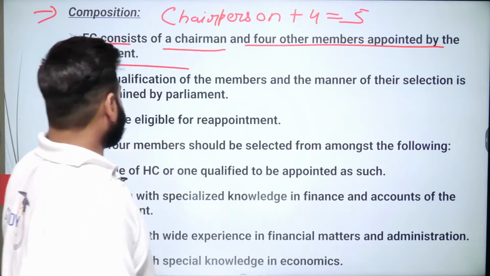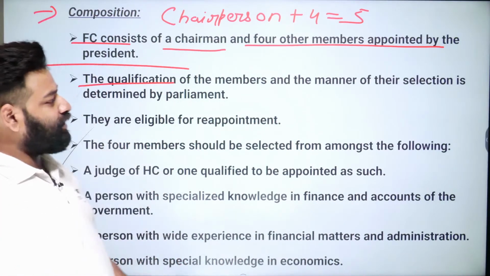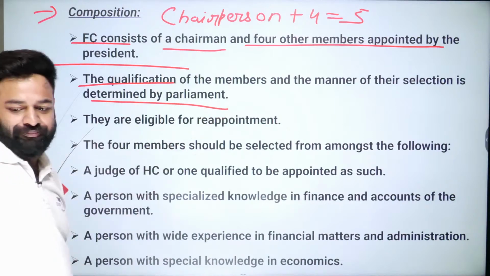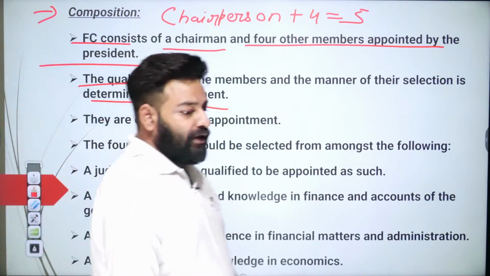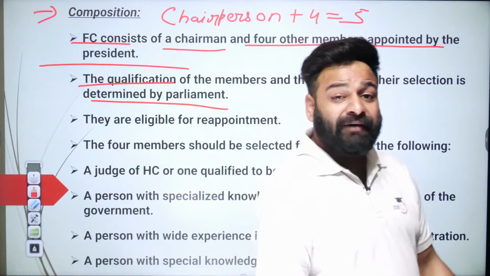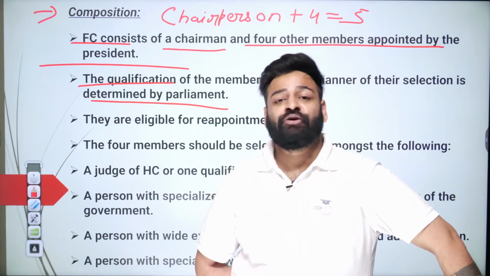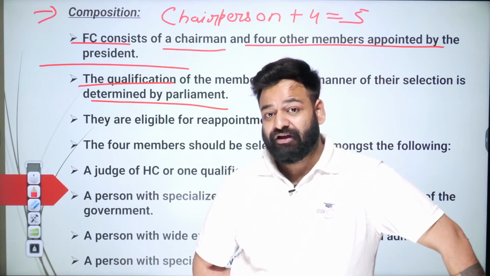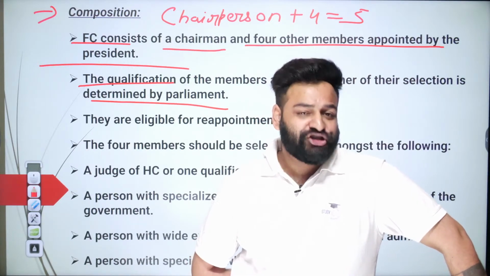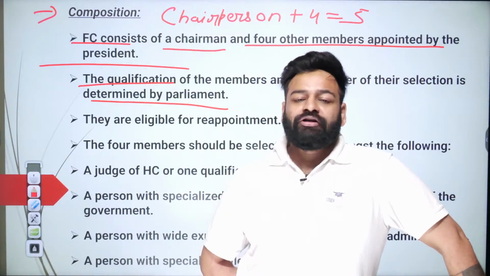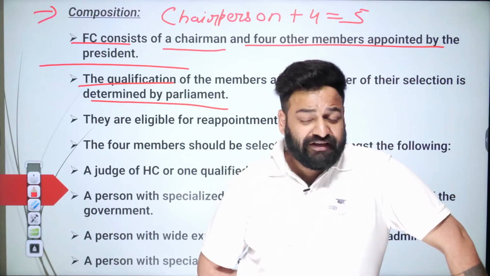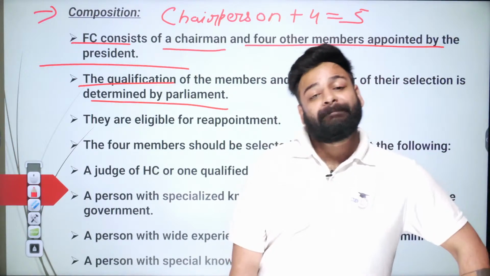Right. So the qualification of the members and the manner of their selection is determined by the Parliament. Okay, see the difference. They are appointed by the President. Okay, the members, they are appointed by whom? They are appointed by the president. But their selection criteria, their qualification, all of these things, it is determined by the parliament.